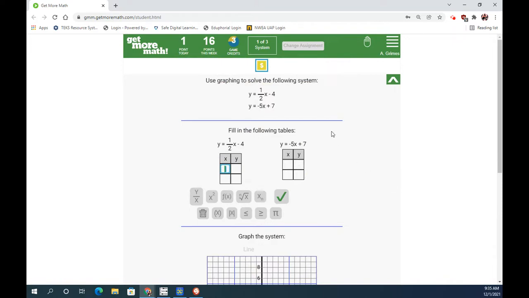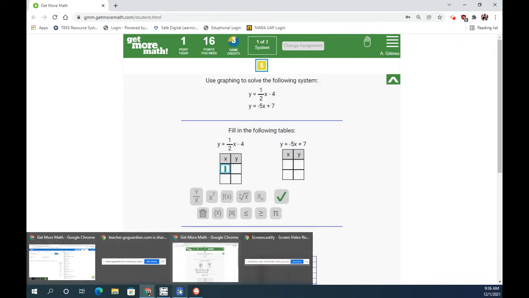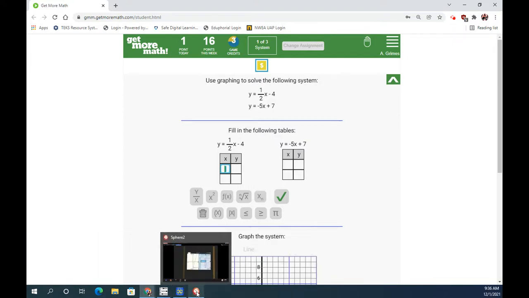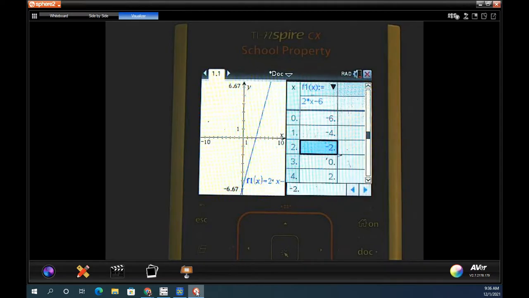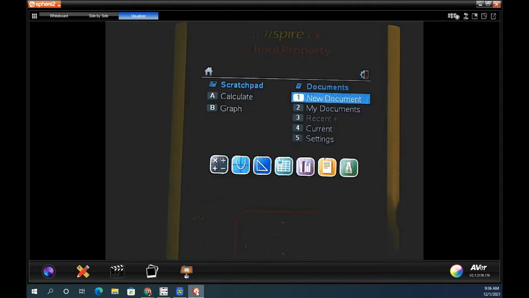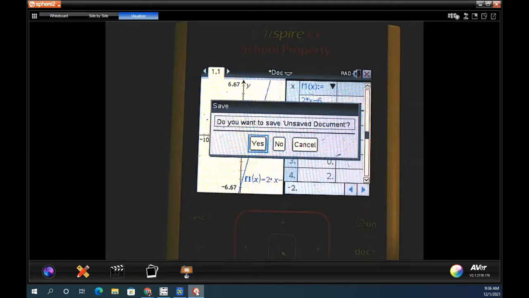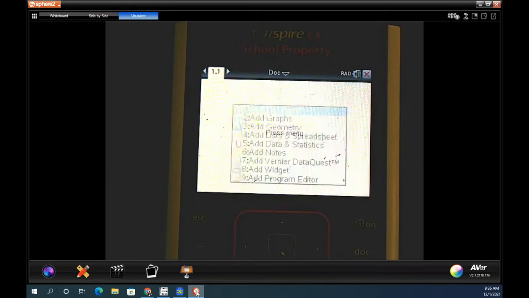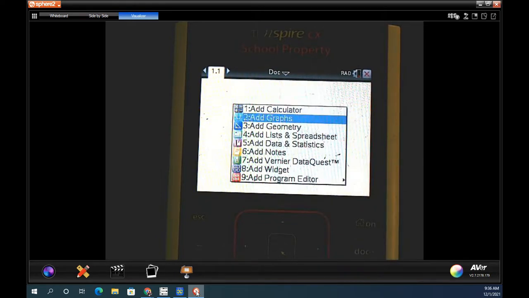All right, let's go through this again. Let me write it down. So go ahead and write that equation down if you already know it. I mean, if you got your calculator, put it in your calculator. I'm going to do it for everybody here. All right, home, new document, no, add a graph, enter.